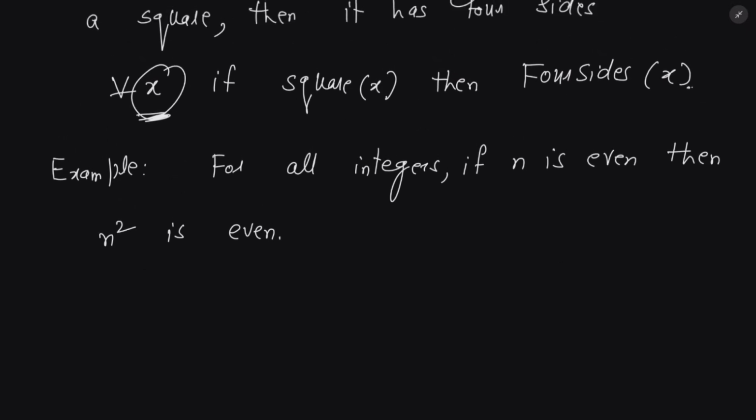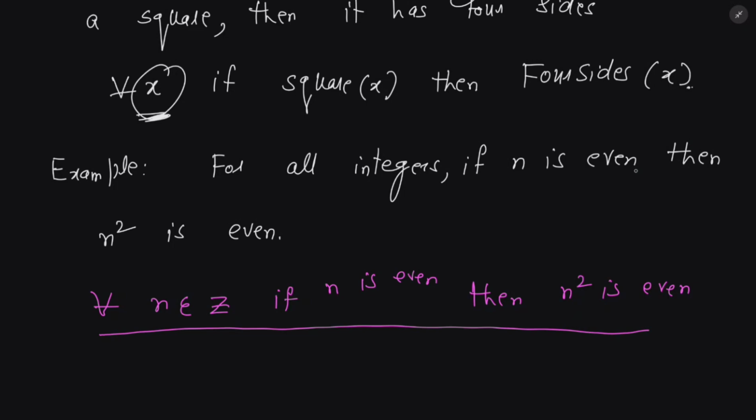Symbolically, we can write this as for all n belonging to Z, where n comes from integer, if n is even, then n square is even as well. That's how you write it symbolically, or in a natural way: if n is even, then n square is even. It is almost similar to what I have written above.